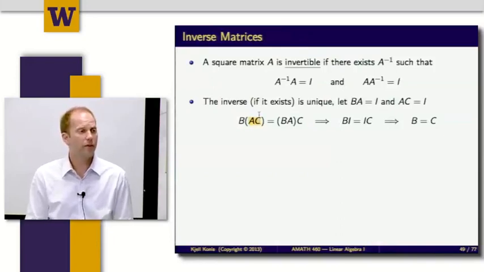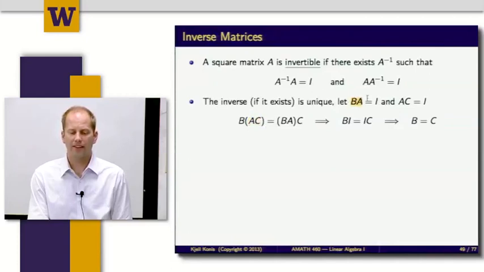And then for my rules of matrix multiplication, it doesn't matter where I put the parentheses. So instead of putting the parentheses around AC, I'll put the parentheses around BA. But I've already assumed that this is equal to the identity matrix.